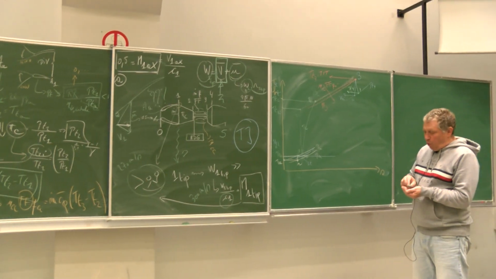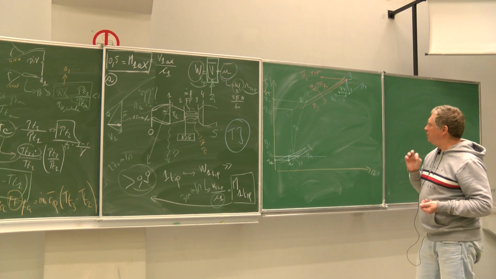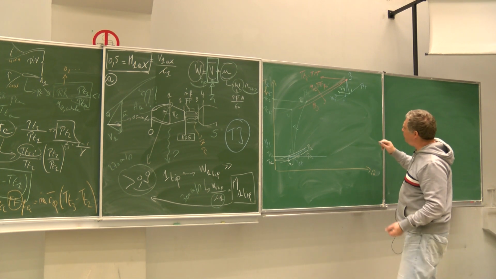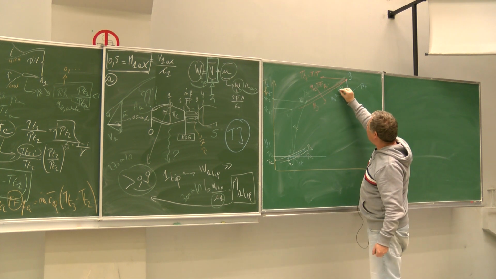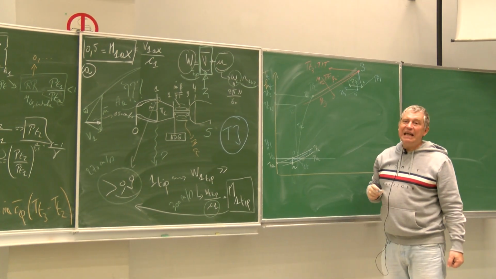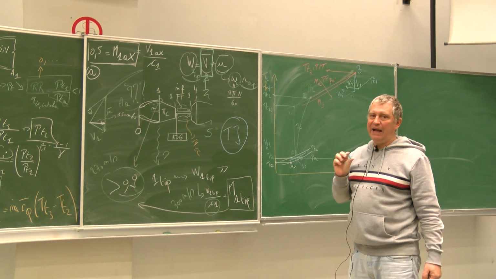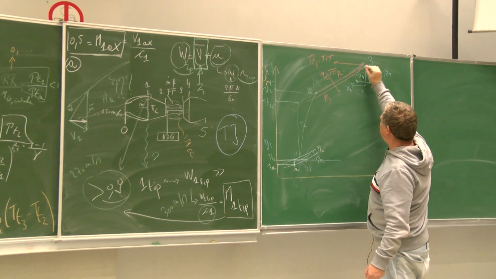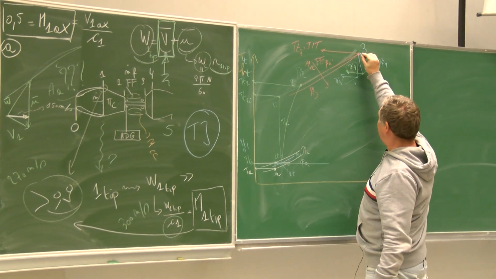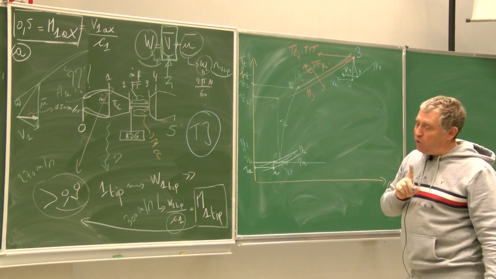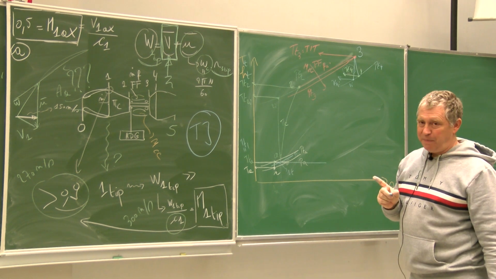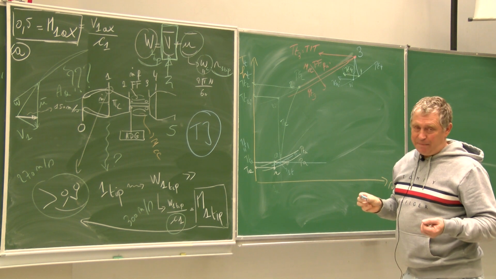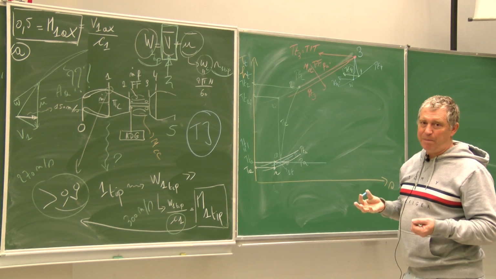Question, what do I need to do now? So the first thing to observe is that this TT4 is a very high temperature because we have increased a lot the temperature in the combustion chamber, and I have had a small expansion in the turbine, and TT4 is the real temperature, higher than the isentropic one.